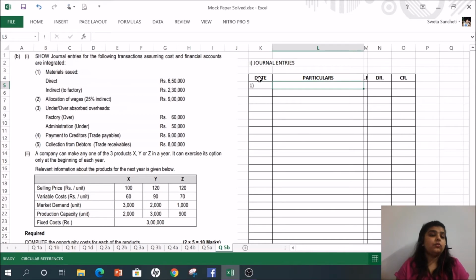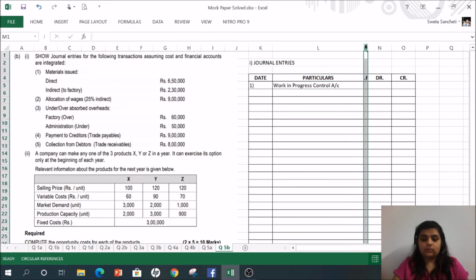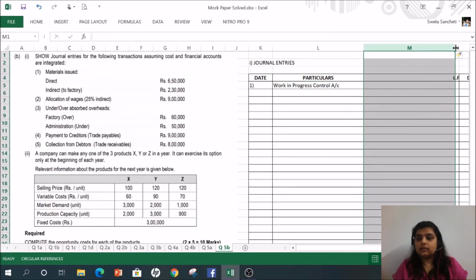Now, material issued direct 6,50,000 and indirect 2,30,000. Direct material is issued to work in progress. And since work in progress account will get the goods, it is debited. Control account. I'm going to have one more column here so that writing debit is easy.